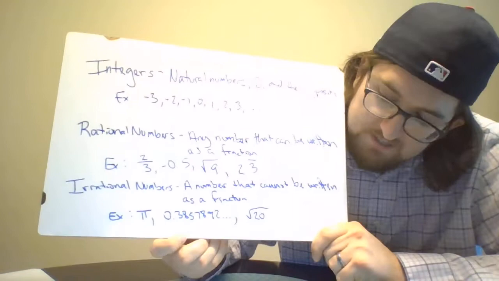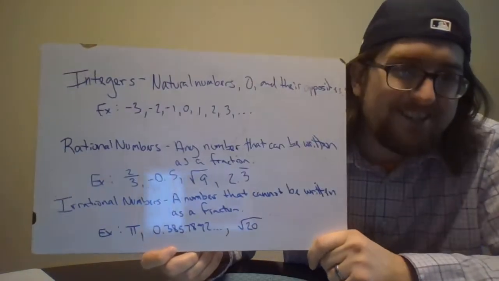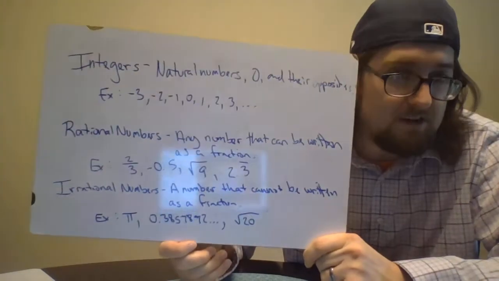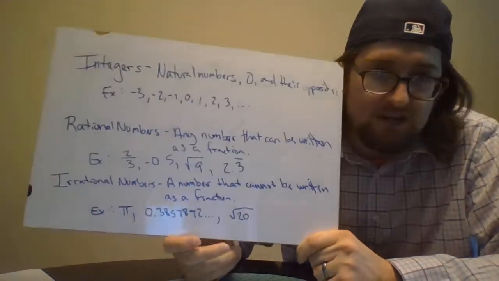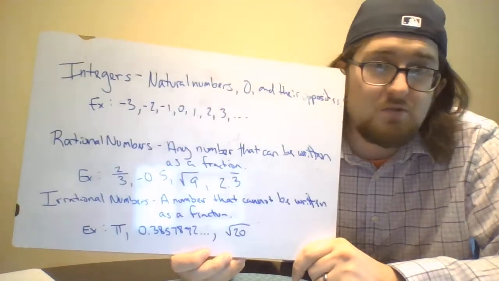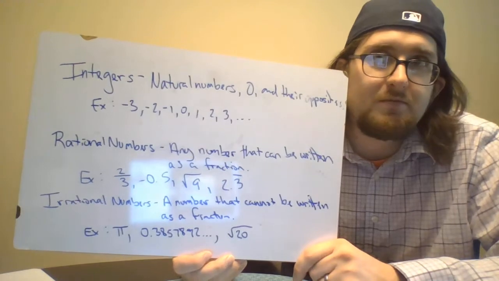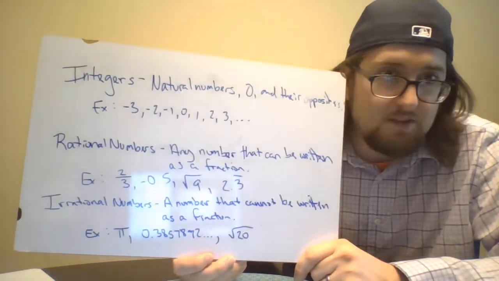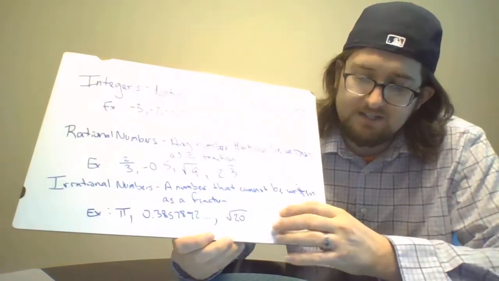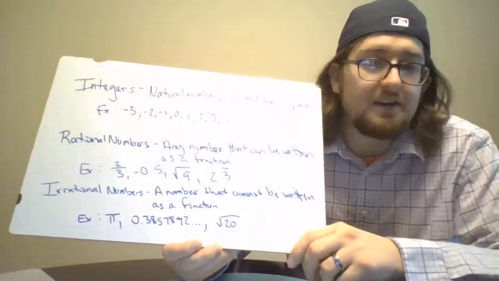Also, a decimal like 0.38578, I think it's a 9, 2, something that goes forever but does not repeat, cannot be written as a fraction. And then the square root of 20. The square root of 20 goes forever because it's got to be in between 4 and 5, 4 point something, but it does not simplify to something like the square root of 9 does.